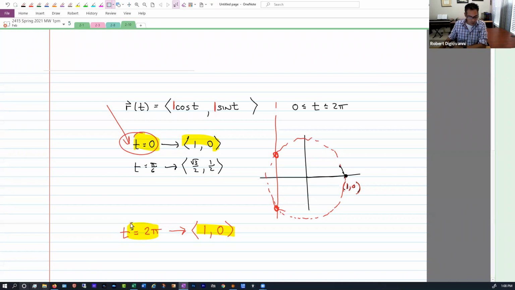All right, so let's try something a little different. How about this? Another vector function. Cosine t. Let's do 4 cosine t, 0, 4 sine t.